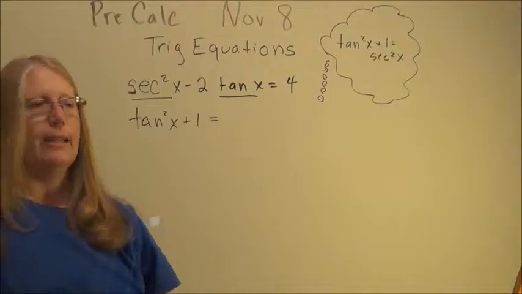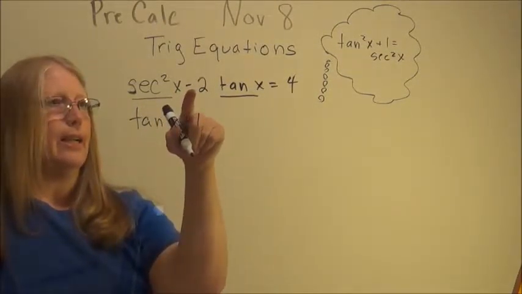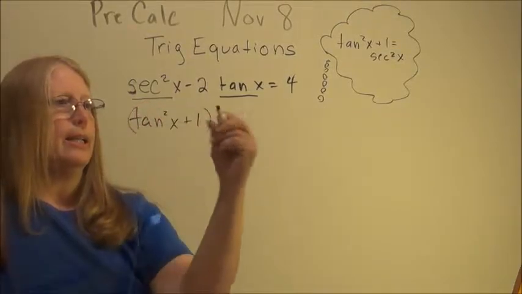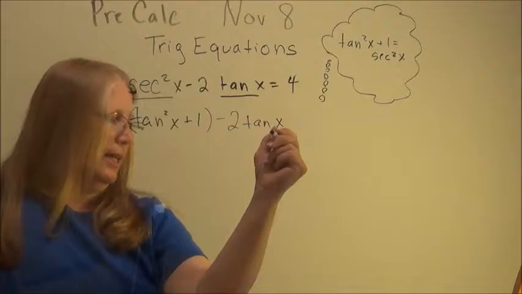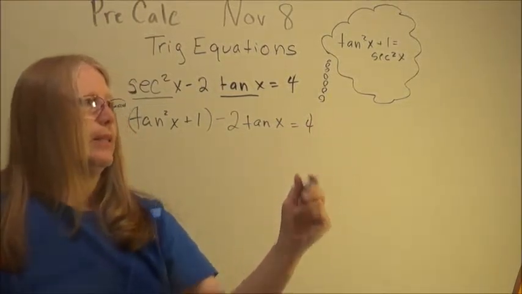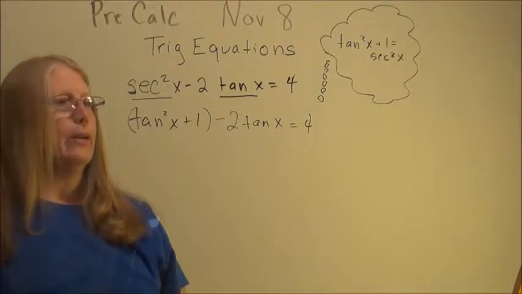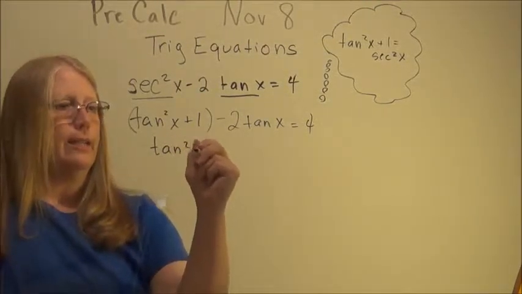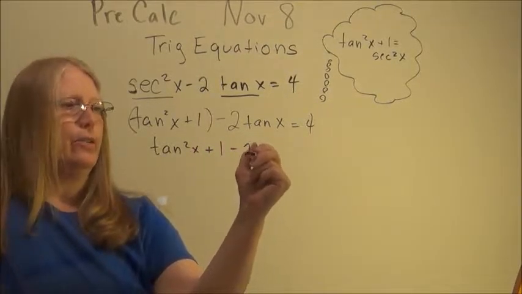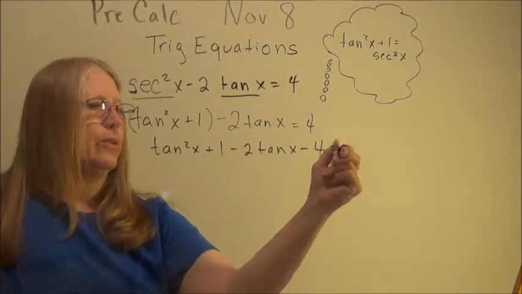And when we do that, we now have the minus 2 tangent x from the problem, and equals 4. All right, let's move the 4 over, set everything equal to 0, and combine like terms. So we have tangent squared x plus 1 minus 2 tangent x minus 4 equals 0.